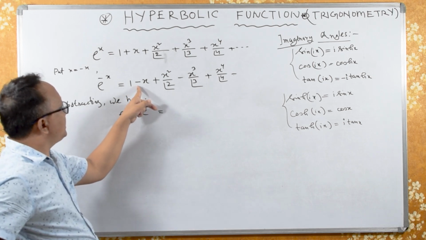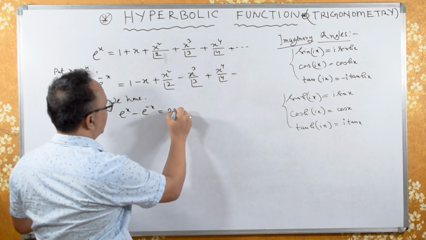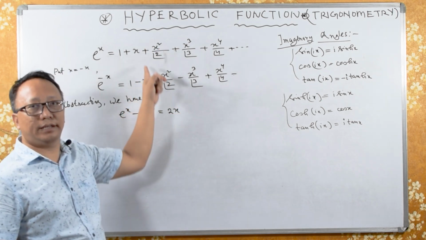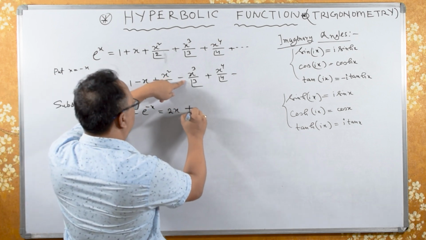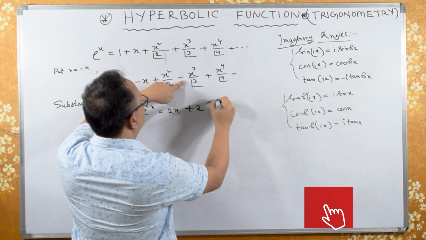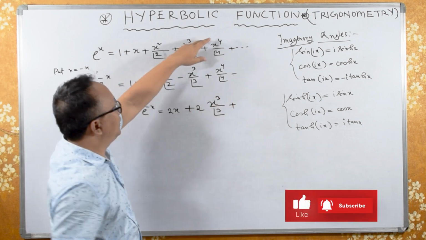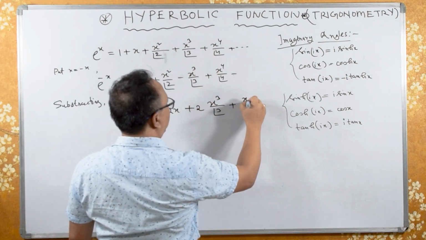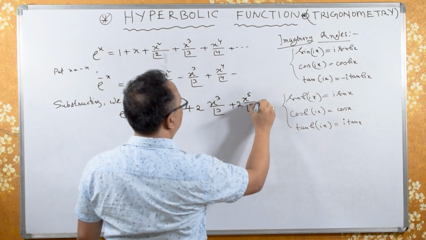Here what I will have is x plus x is twice x, and I am giving minus over here, this and this get cancelled. Again here plus twice I will have x cube by 3 factorial, plus these two get cancelled. Similarly we will have twice x to the 5 by 5 factorial and so on.